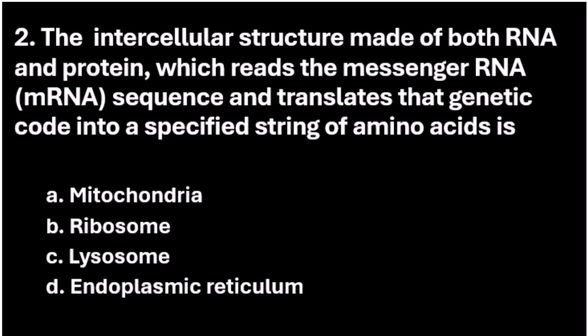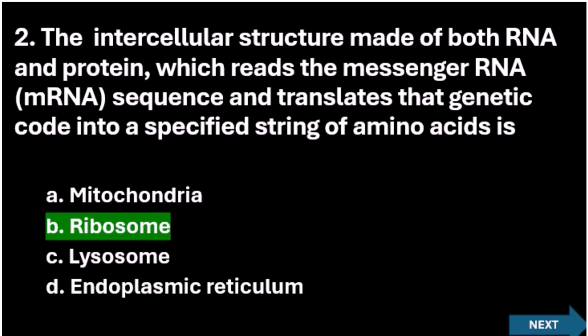Next question: the intracellular structure made of both RNA and protein, which reads the messenger RNA sequence and translates the genetic code into a specific string of amino acids, is option A, mitochondria, option B, ribosome, option C, lysosome, and option D, endoplasmic reticulum. Let us see the right answer. The right answer is option B, ribosome.